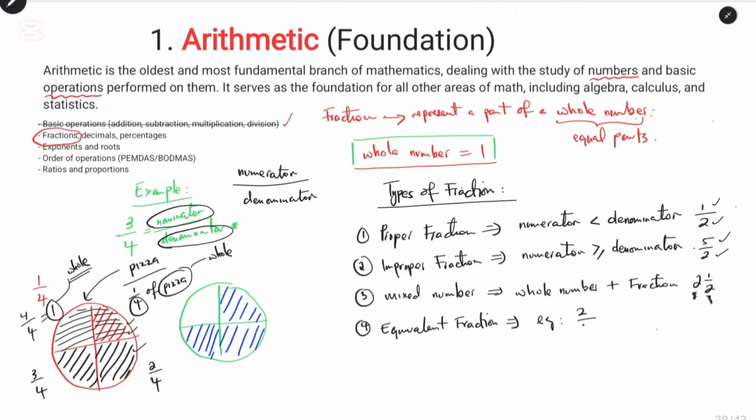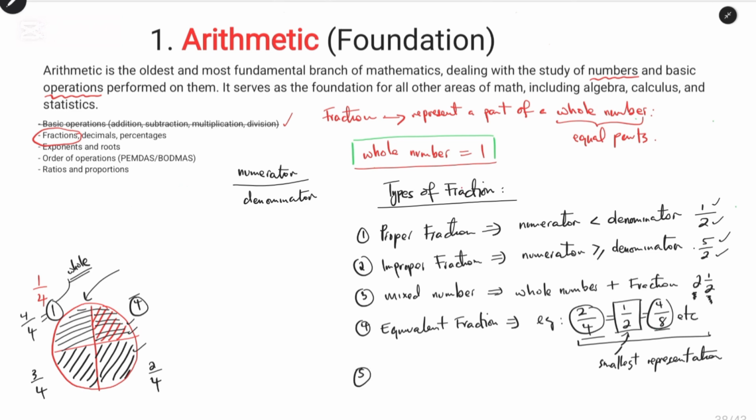Example, 2 on 4 is equivalent to 1 on 2, and it is equivalent to 4 on 8, etc. All of them are equivalent, and 1 on 2 is the smallest representation of the fraction. However, 4 on 8, 2 on 4, are also equivalent, but you can see they are represented differently. If you simplify, the lowest will be 1 on 2.